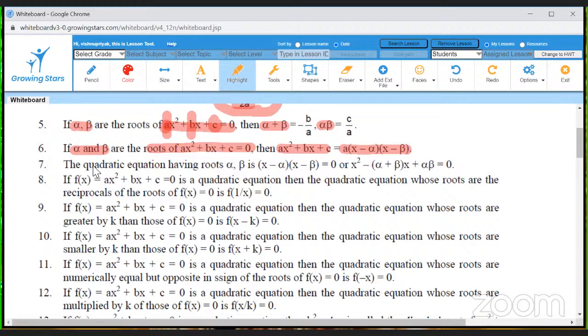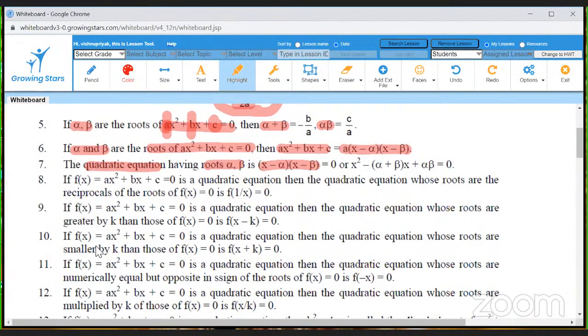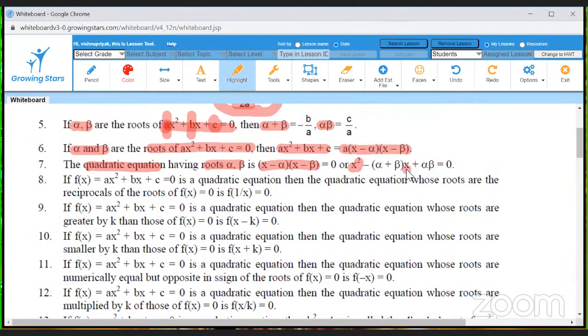Similarly, if the quadratic equation has roots alpha, beta, then x minus alpha into x minus beta will be 0. And when you expand it, the x squared term, and the x term will have minus of alpha plus beta, and the constant term is alpha beta, equal to 0. How?